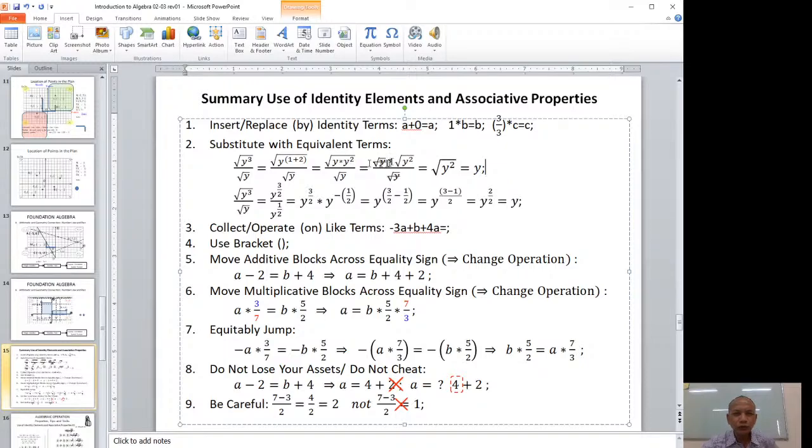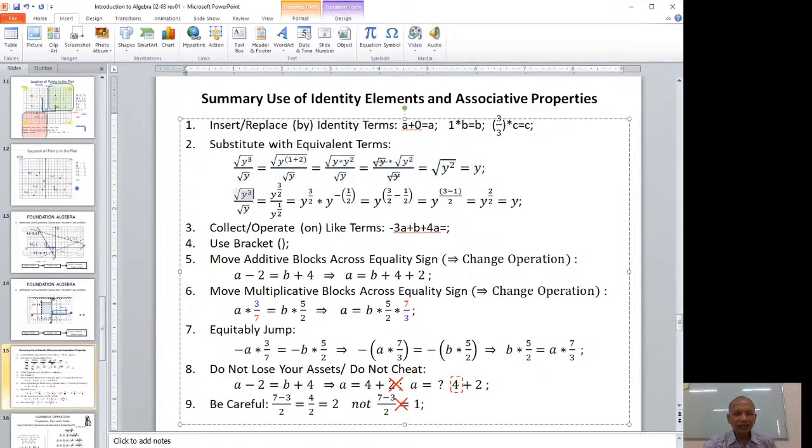We separate them into two radicals. Then we can see that square root of y can cancel out with square root of y, equal 1, so what remains is square root of y square, which is just y. Okay.